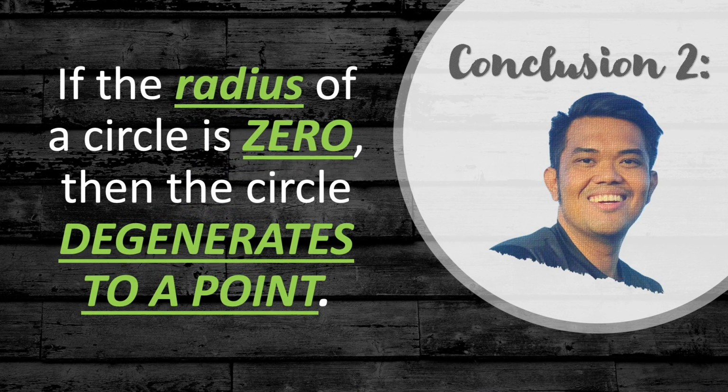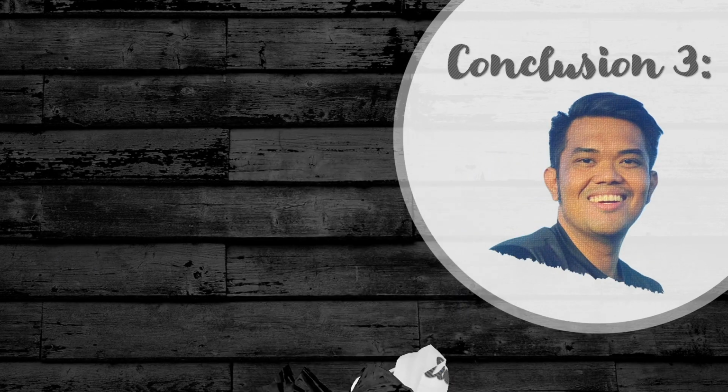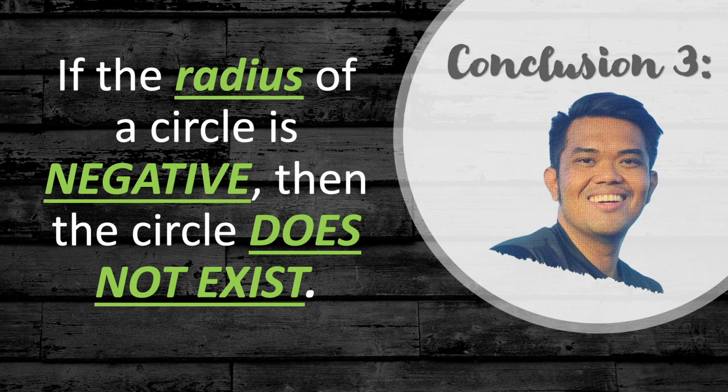If the radius of a circle is 0, then the circle degenerates to a point. Conclusion number 3. If the radius of a circle is negative, then the circle does not exist.